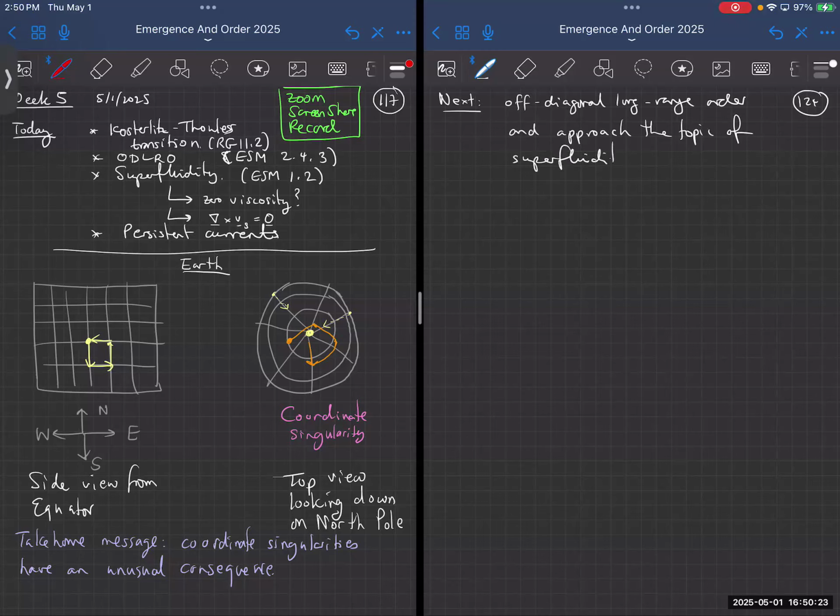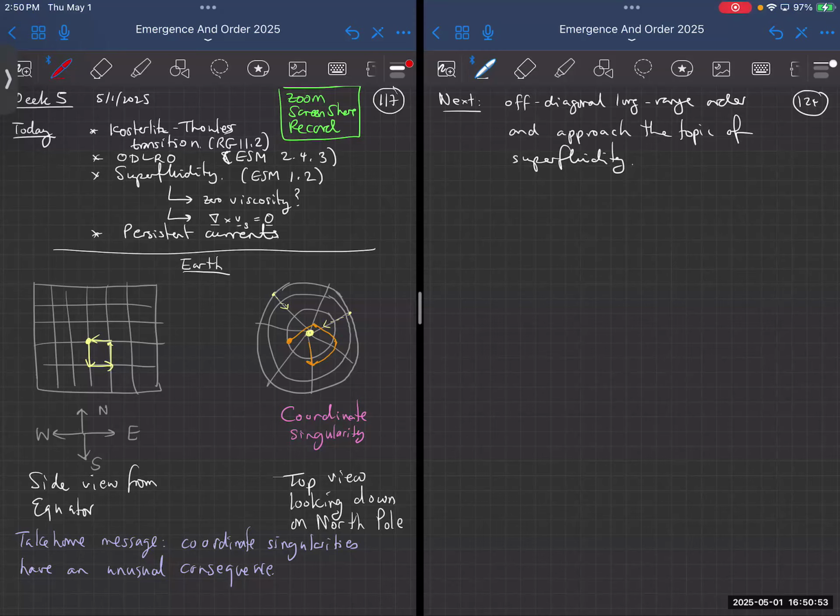As I said, we're going to do this in a very simple and superficial way, which is by design. I want to just give you a flavor of it, but not go into too many details. Some of the calculations that I've shown you here about the Kosterlitz-Thouless transition, in the next homework you will get an opportunity to do in a little bit more detail. And I'm not going to go through that in class.